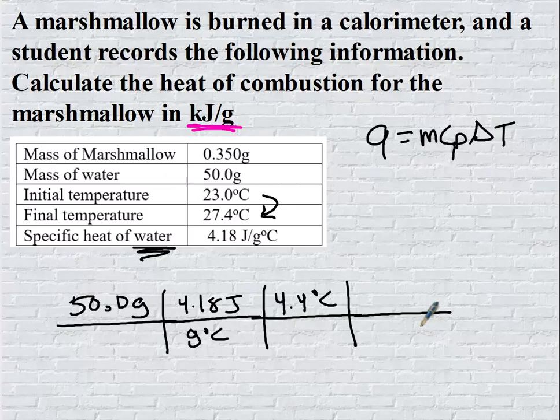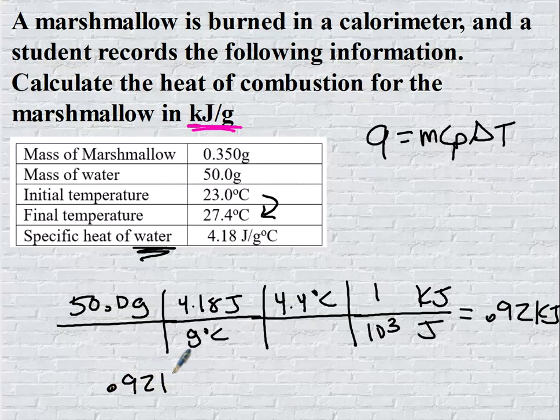And again, we need kilojoules, so I'm going to go ahead and convert that to kilojoules. So I have 0.92 kilojoules. But remember that we wanted the heat of combustion for the marshmallow in kilojoules per gram. So 0.92 kilojoules for every 0.350 grams of marshmallow burned.